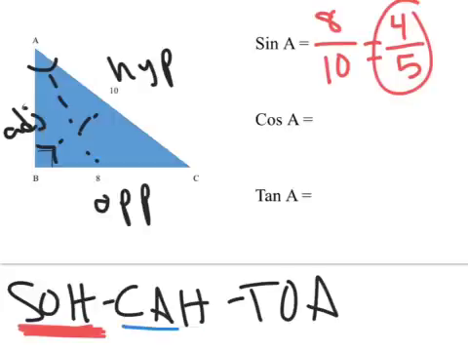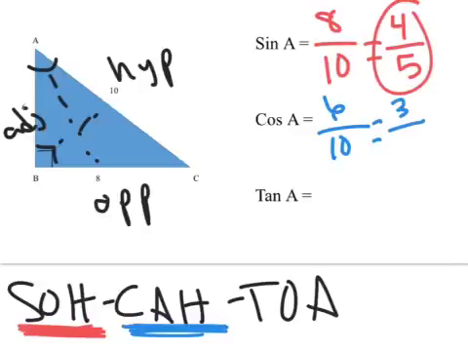For cosine, we're going to use A over H, so adjacent over hypotenuse. So the adjacent side has a length of 6, and our hypotenuse has a length of 10. We can reduce that as well. 2 goes into both of those, which reduces to 3 over 5. So our cosine of A is 3/5.